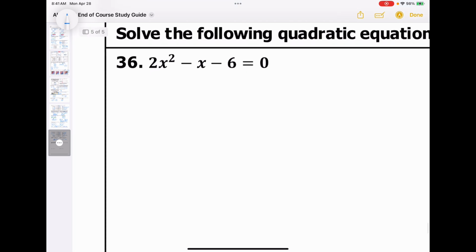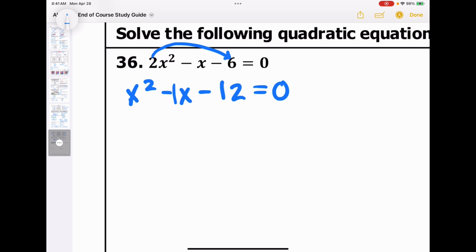So for the first one, I'm going to do the factoring method when a is greater than 1. So that means I'm going to take the number that's in front and multiply it to the number at the end, which would give me 12. So now I'm left with x squared minus x equals 12. Now I need to find 2 numbers that multiply to give me -12.